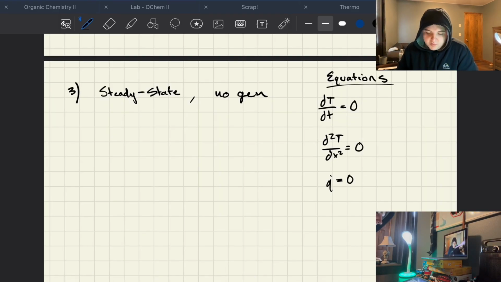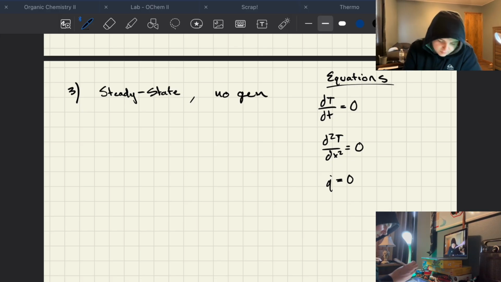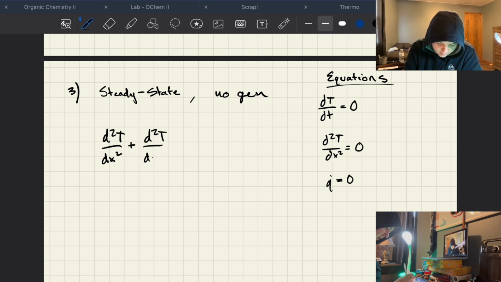I just wrote down 3 equations for question 3, which are basically what's already stated, the steady state and no generation equations. And then, using the equation that we derived above, we're going to solve for everything else.